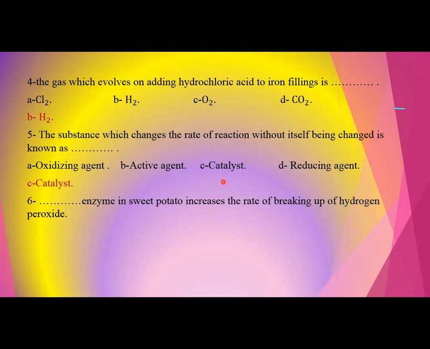If we add an enzyme as a catalyst, or a piece of sweet potato, to hydrogen peroxide, the speed of the chemical reaction increases due to the presence of a certain enzyme. Which one of these? Reductase, oxidase, lactase, and aminase. Actually, the only one for us is the oxidase enzyme.